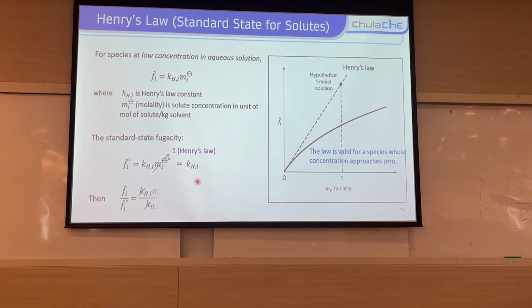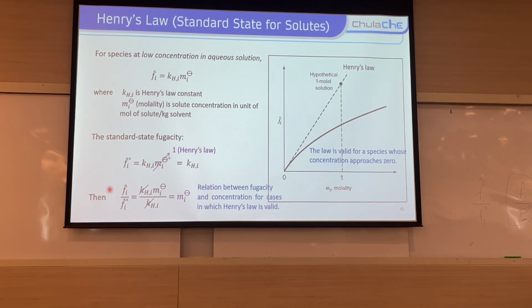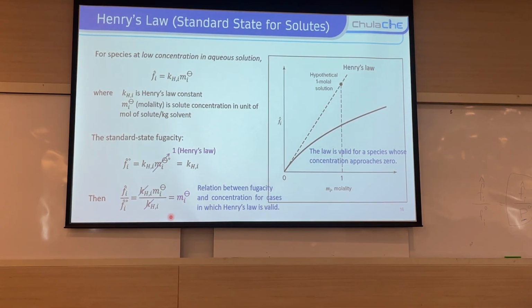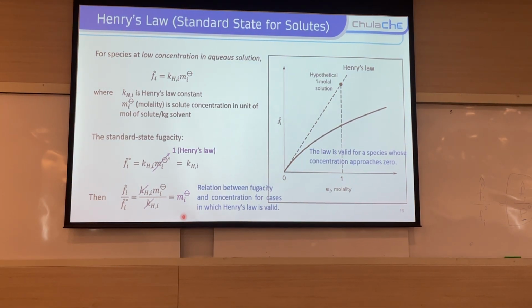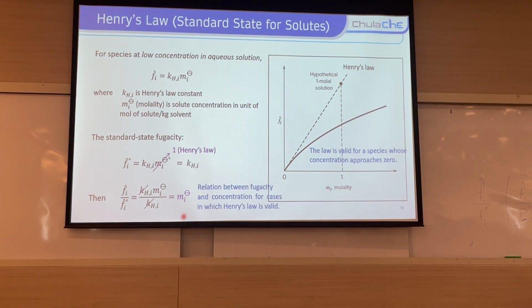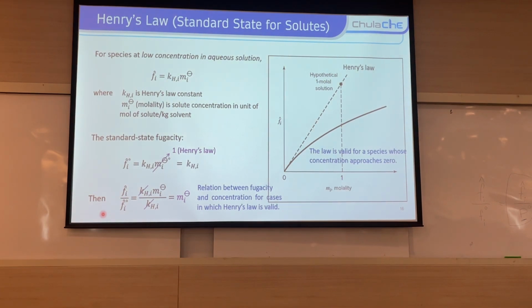So in the end, you can get the fraction of the fugacity in solution over the standard state fugacity equal to the molarity that I have shown you in the previous slides. So this is the explanation of how to change the fraction of fugacity over the standard state fugacity in the case that you consider the species is in aqueous phase.